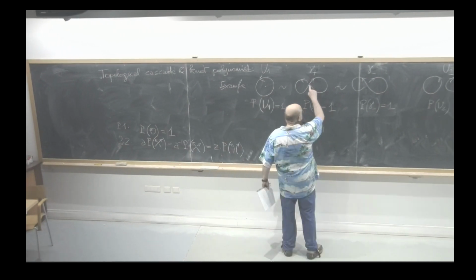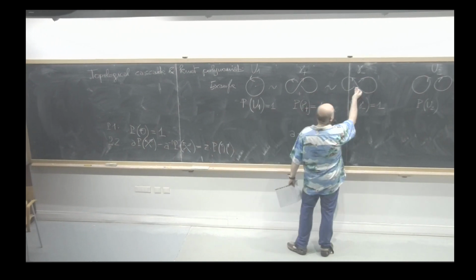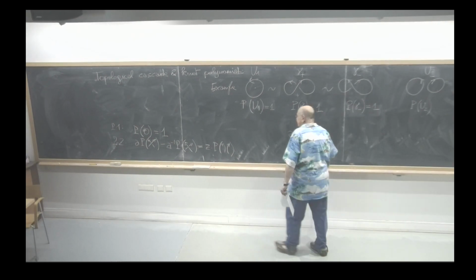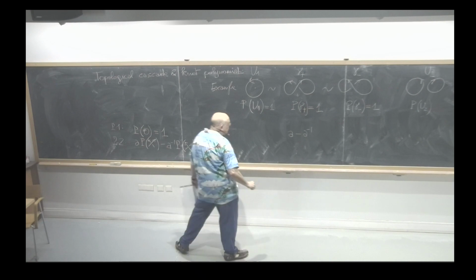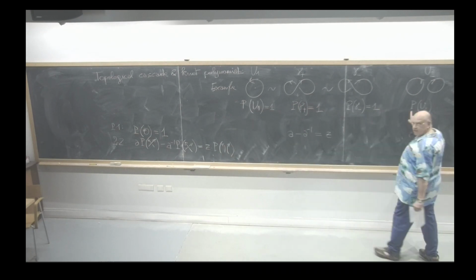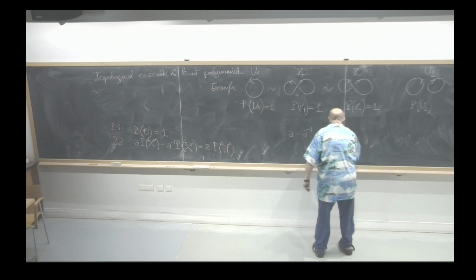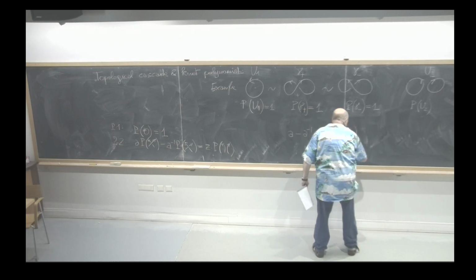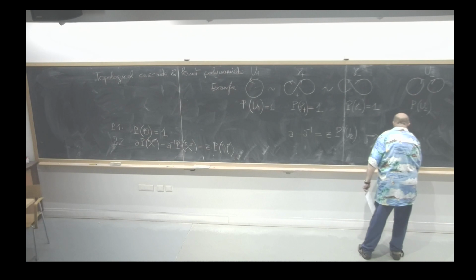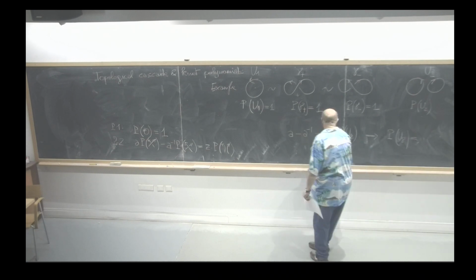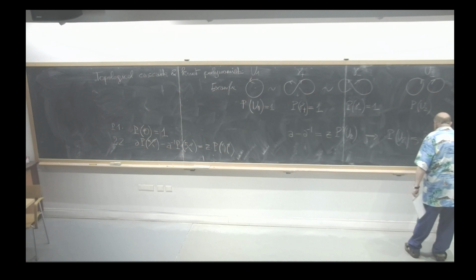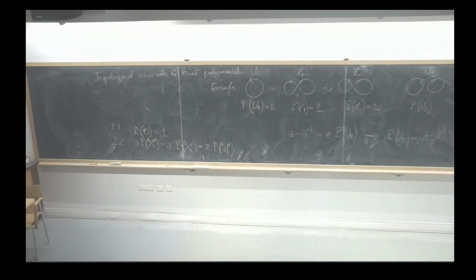I take a crossing on the diagram, I switch it over, I have a new configuration, I evaluate the polynomial, this is also 1, equal to z times the polynomial of U2. So the polynomial of U2 is given by A minus 1 divided by z. That's it.